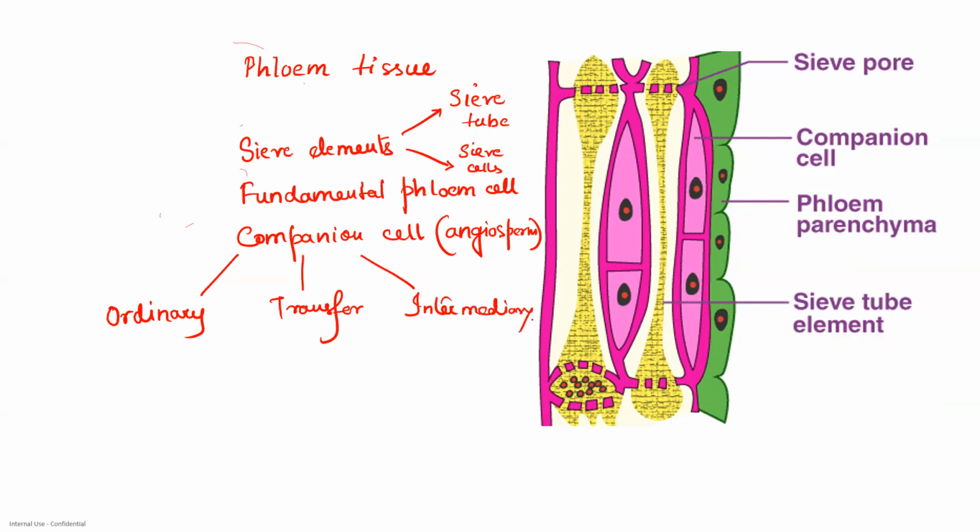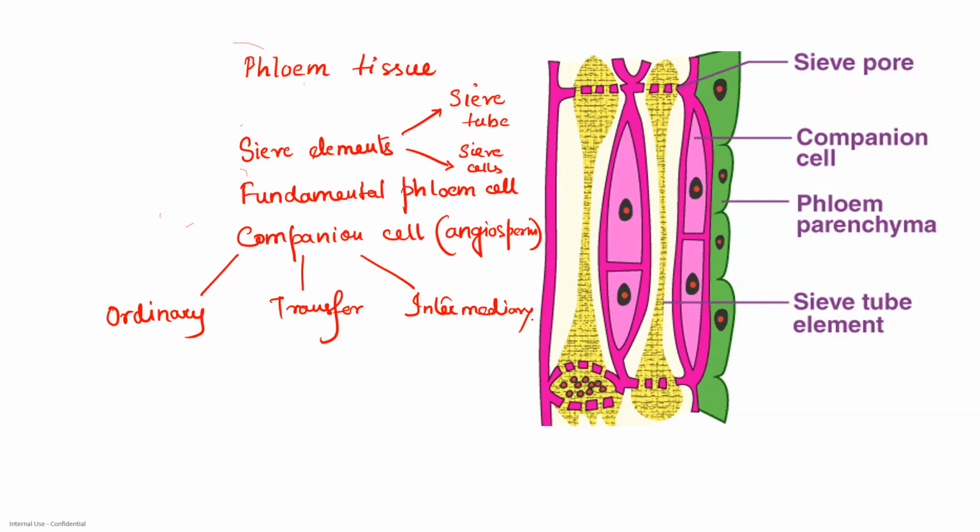These ordinary companion cells normally have a smooth wall with few or no plasmodesmata. That means they don't have plasmodesmata connections, or in some cases they have very few connections to cells other than the sieve tube.